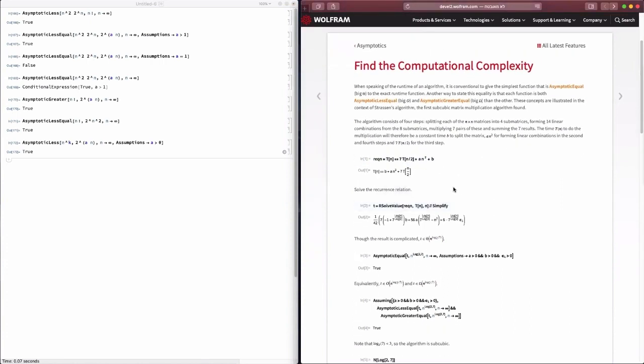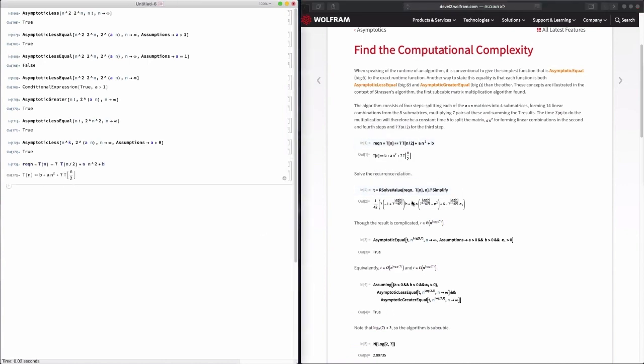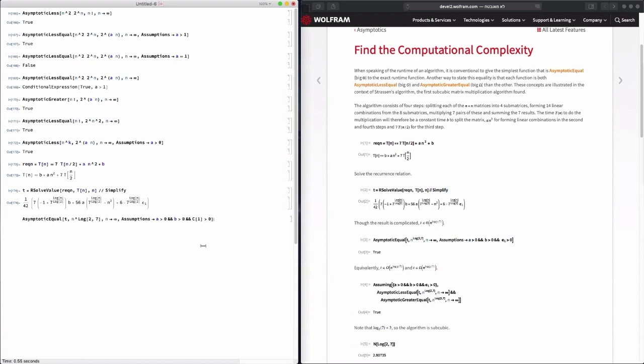We give that to our solve value, and it gives us some complicated relation here. And maybe I should copy these two as well and just show you. But as is often the case, we want something simple, just the order. So this is the same order as just n to the log base 2 of 7.